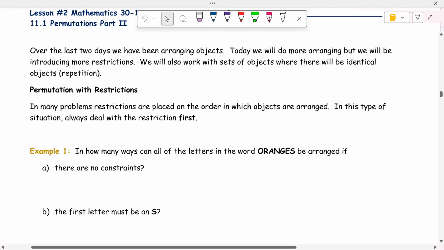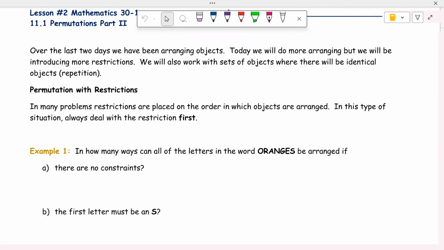Going to introduce you guys to more restrictions on what I could throw at you in a permutation question, right? And we know that restrictions, does order matter when I throw restrictions at you? Yes. When you're arranging something, order always matters. This is going to become very important when I start giving you questions where order doesn't matter.